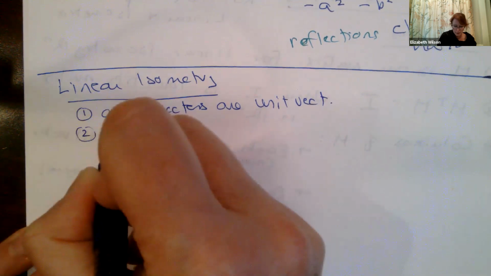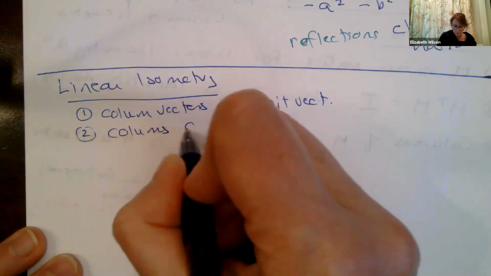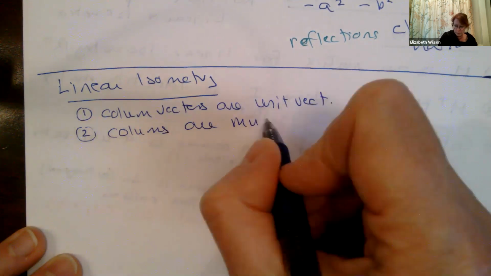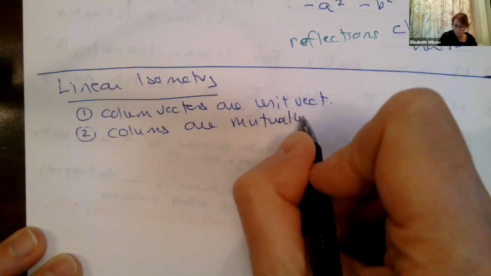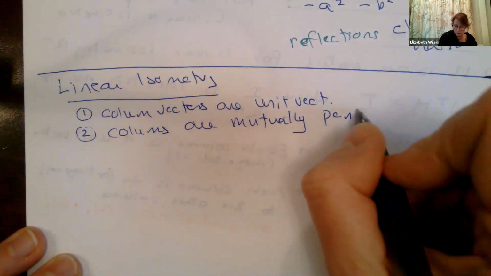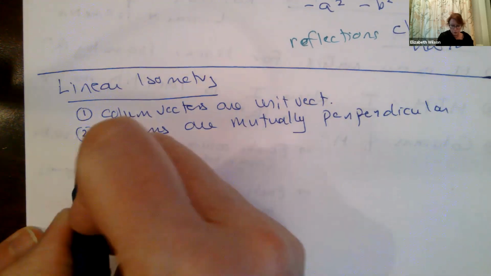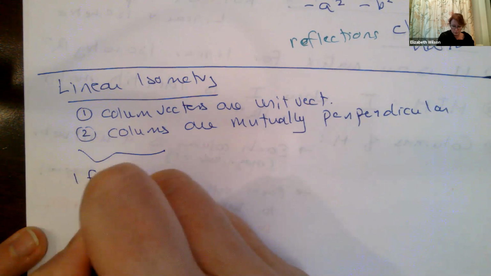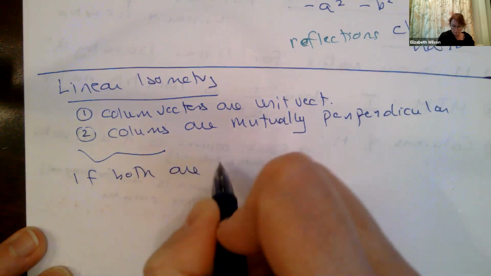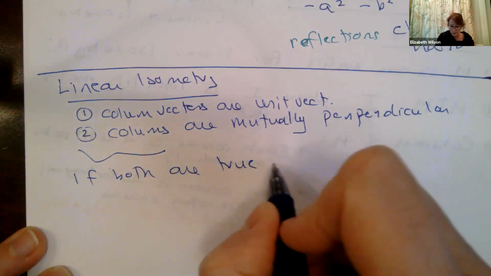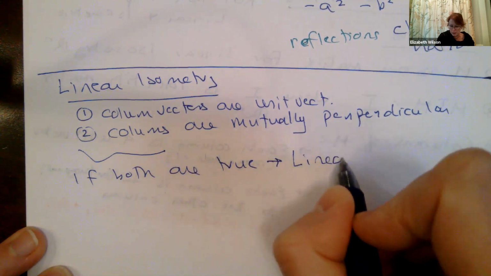And you have to check that the columns are what we call mutually perpendicular. If both of those are true, then we're dealing with a linear isometry.